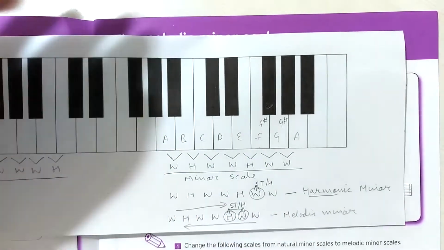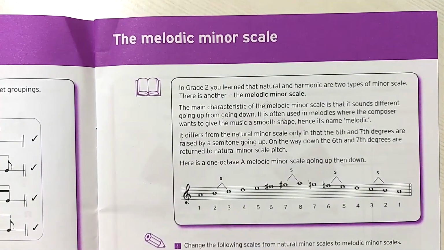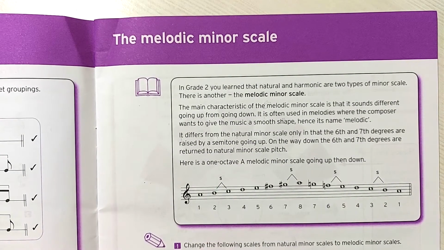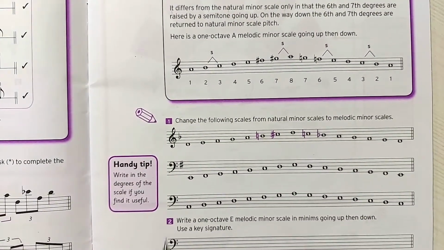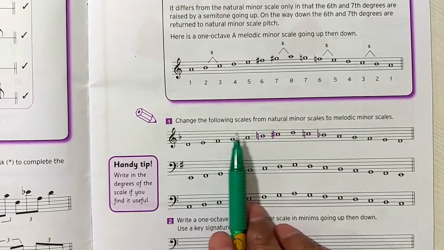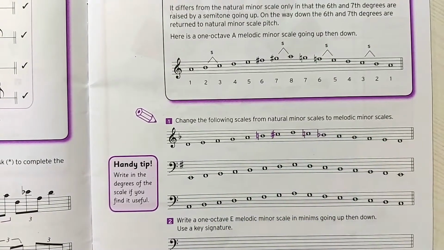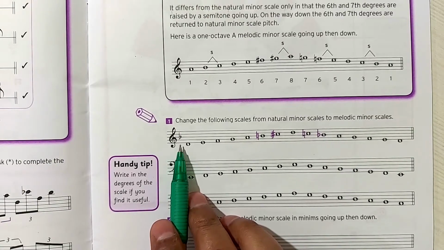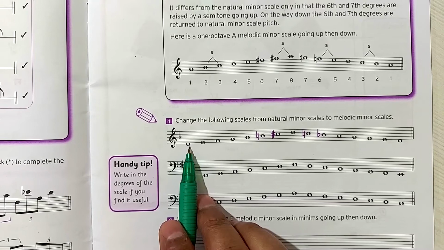Okay, so let's do some exercises so you will understand in a better way. So let's do the first exercise. You can see in the first exercise they're saying change the following scales from natural minor scale to melodic minor scale, and they have given the key signature. This is either F major or D minor, because you start with a D, so this is a D minor scale.